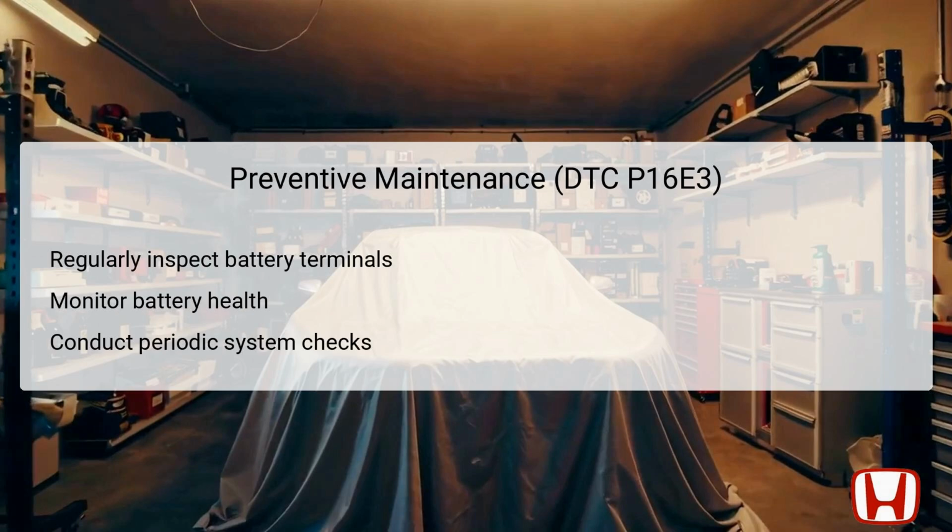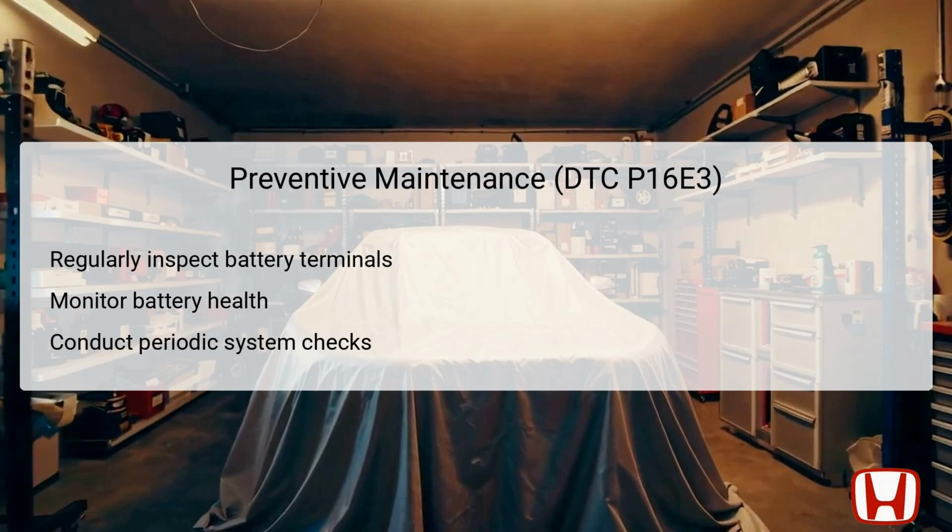To avoid future occurrences of the P16E3 diagnostic trouble code, it's essential to adopt preventive maintenance strategies. Regularly inspecting battery terminals ensures that no corrosion or loose fittings occur, which can lead to communication issues. Monitoring the health of the battery itself through periodic voltage tests can catch early signs of deterioration before they lead to more serious problems.